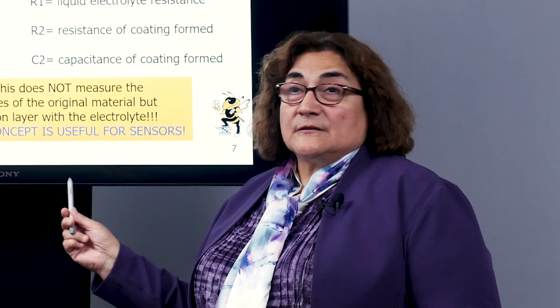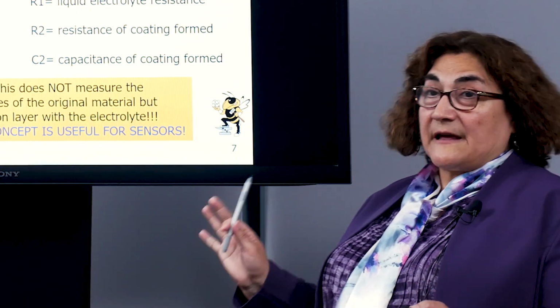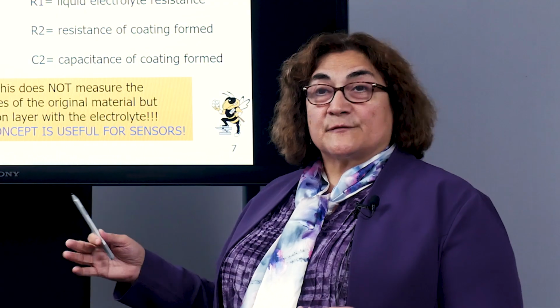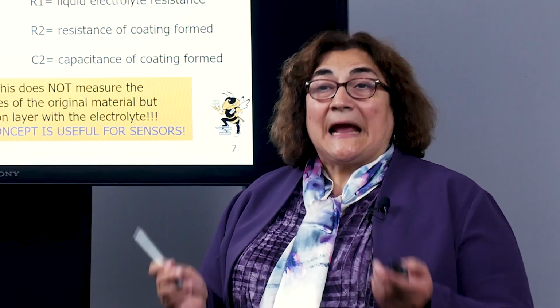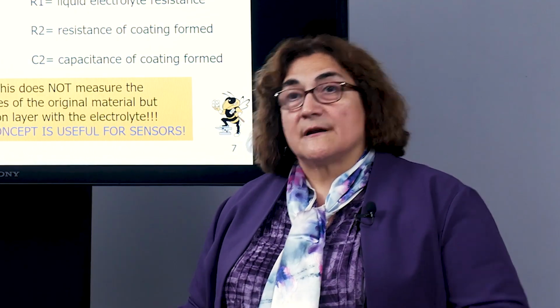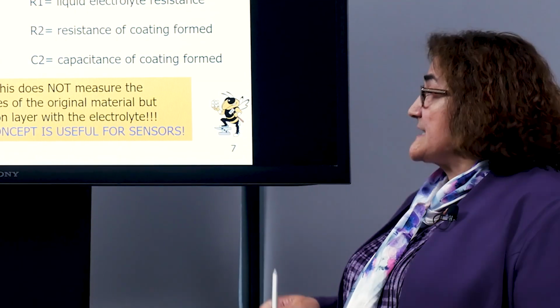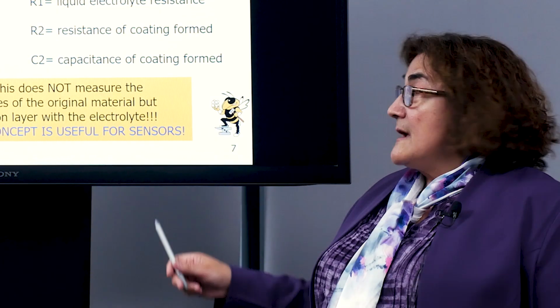I want to point out that what I'm talking about here has nothing to do with this type of response, because what you're measuring here is a reaction layer on the material rather than the response of the material itself. However, this particular topic is very useful for sensors, and I will not be saying very much about sensors today.